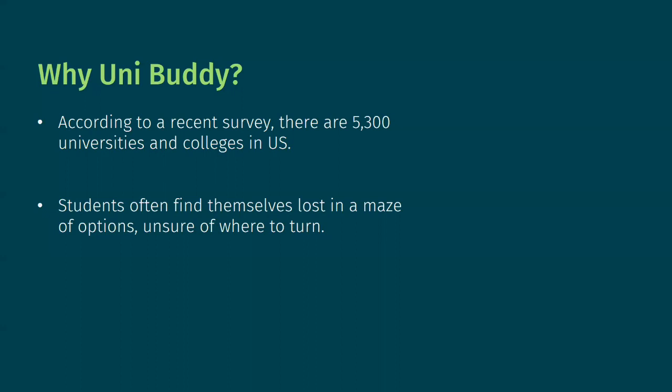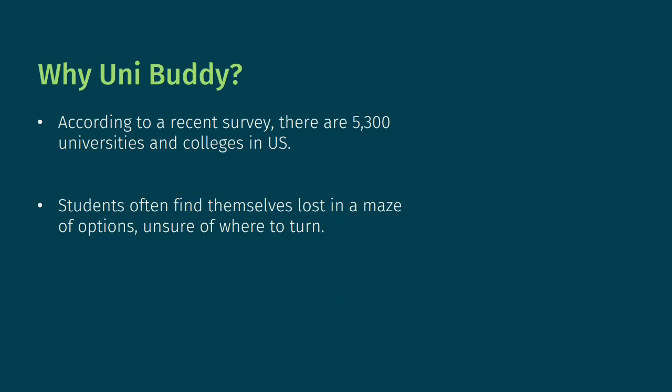Now, why UniBuddy? As I said, the United States has nearly 5,000 universities, and for a student to get into one university among all this is really tough. There are so many options, and the anxiety a student might face to get into a good university which will offer their specific courses is tricky.